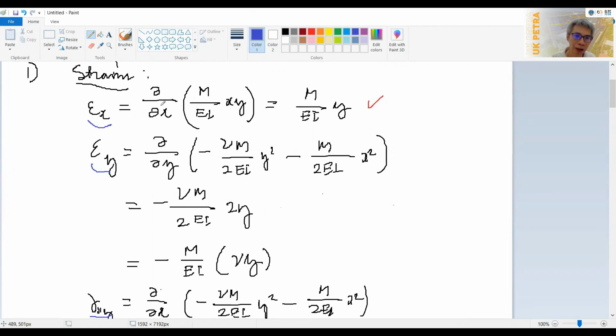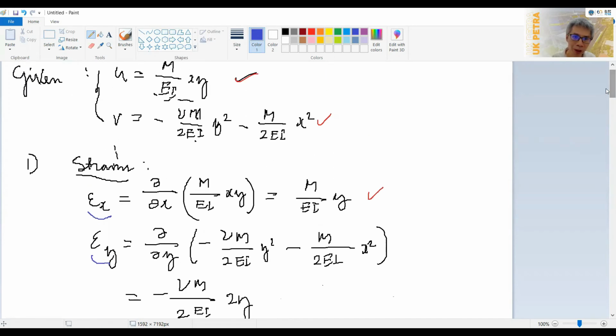Epsilon x is given by the partial of u with respect to x, but what is u in this problem? U is this one, right? So I write this. Since M over EI is constant, the result is M over EI y. And then epsilon y is the partial derivative of v with respect to y.